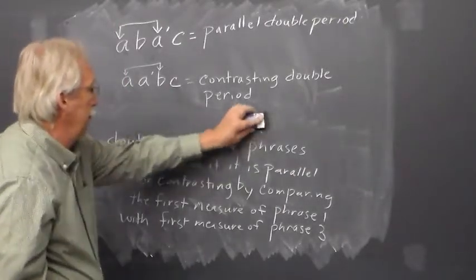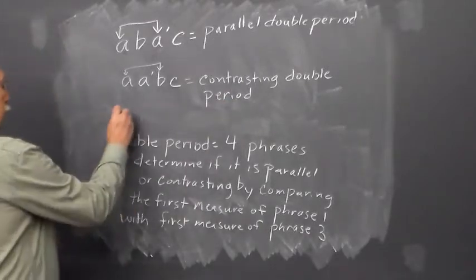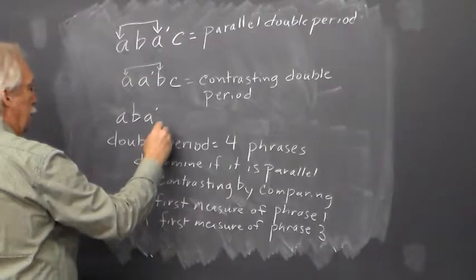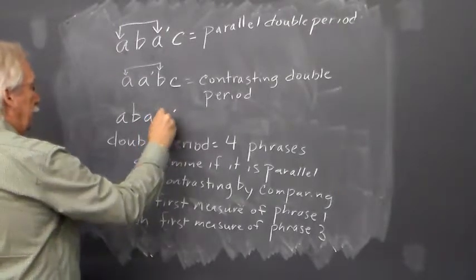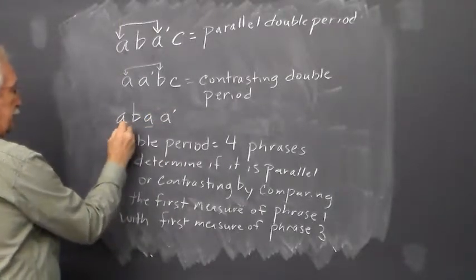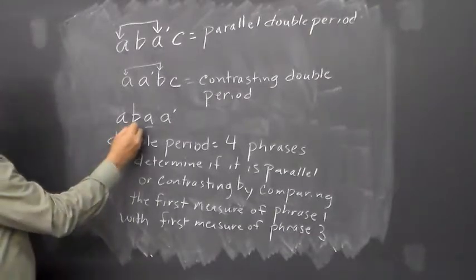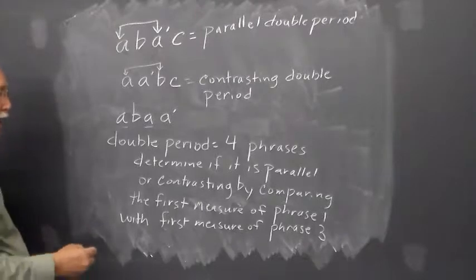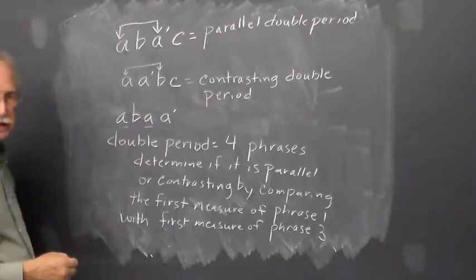Well, let's do this, okay. So this is exactly the same as this. However, you have this second phrase that's contrasting, and therefore this would not be an exact repetition.